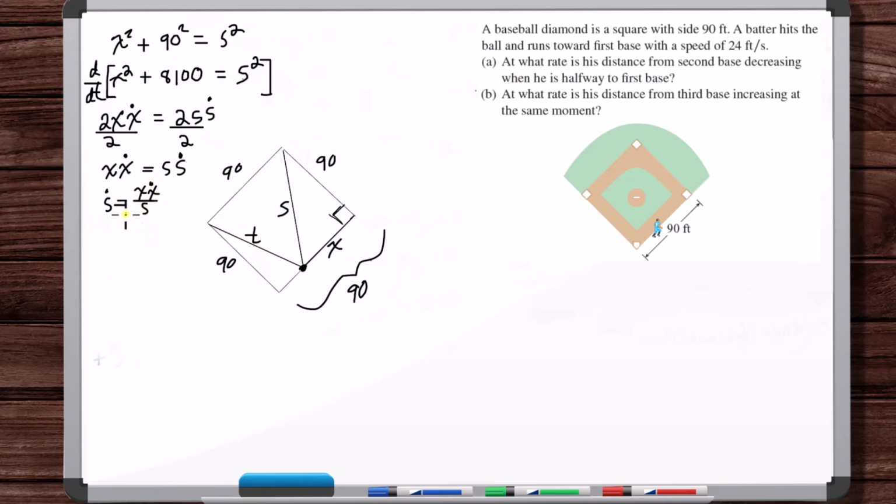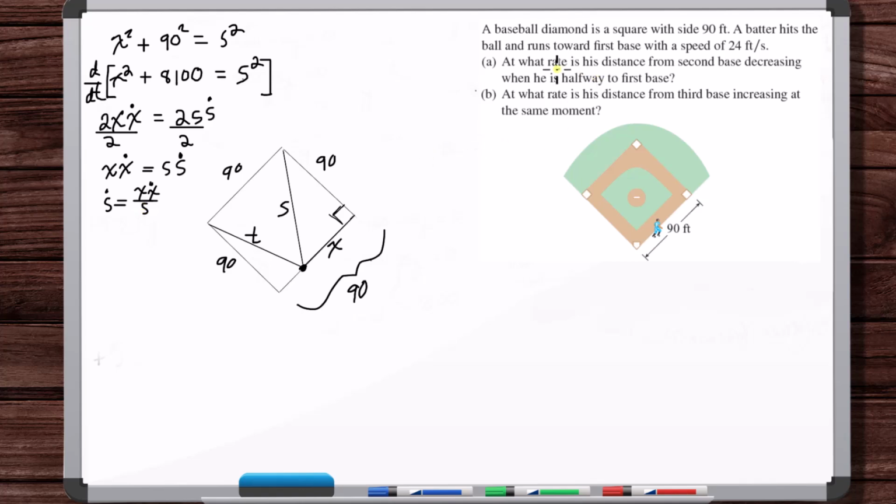That's interesting. The rate of change of s with respect to time is a function of this distance times the rate of change of this distance, over this distance. Interesting. Okay, so we have x dot, that's 24 feet per second, but we need x and s.